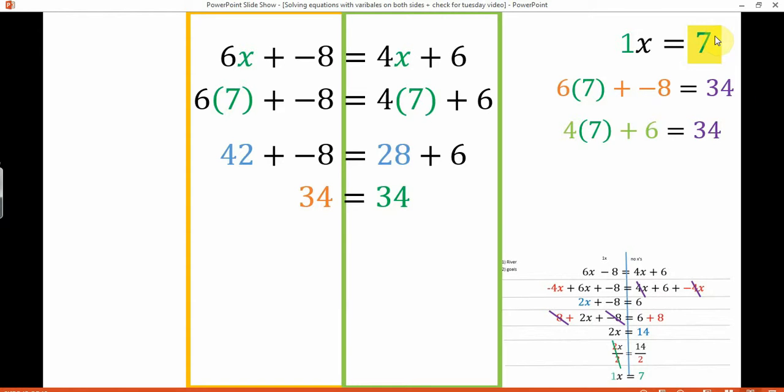Therefore, when x is 7, that value made this expression equal to this expression. That value of 7 made both of these 2 expressions equal to 34. Therefore, they equal each other, and 7 is our correct solution.